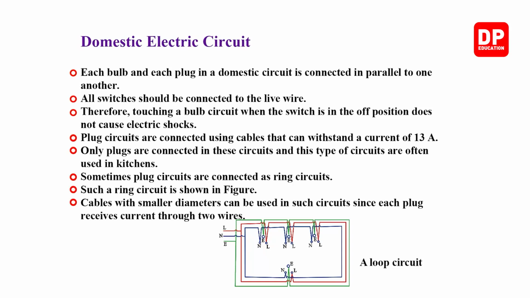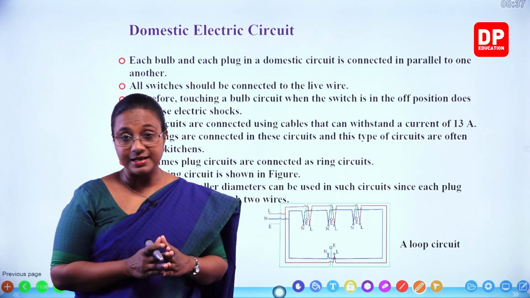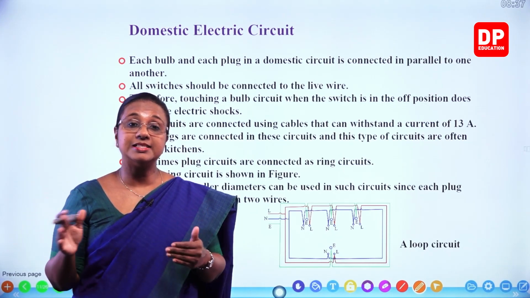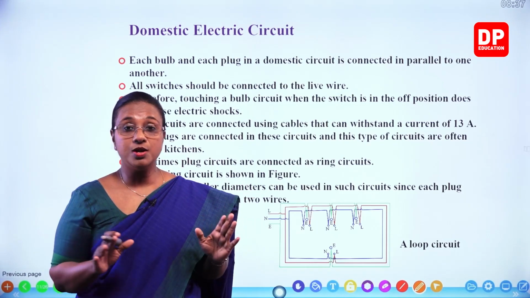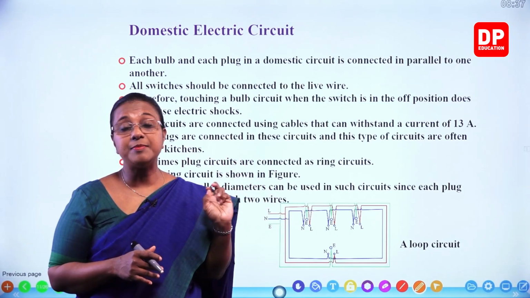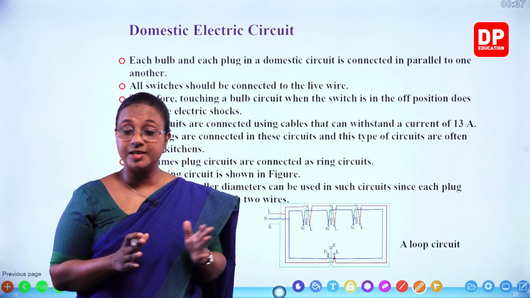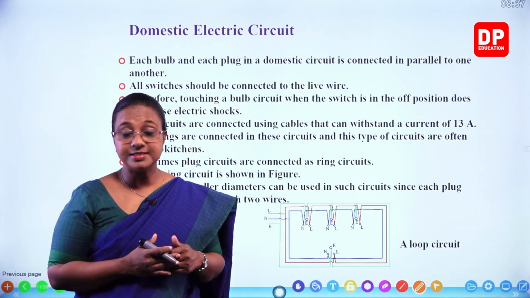So you all know students, like we discussed just now, there are two circuits. One is the plug circuit, where you connect all the electrical appliances, and the other circuit is the lamp circuit or the lighting circuit. And normally for a plug circuit, the maximum current is 13 amperes, and for light bulbs, it is 6 amperes.